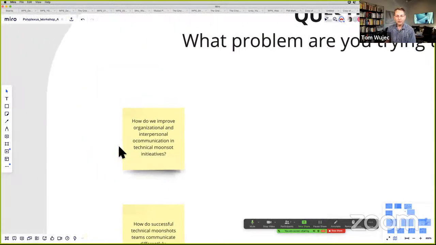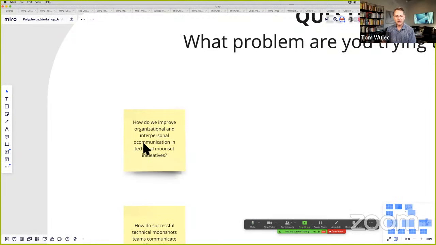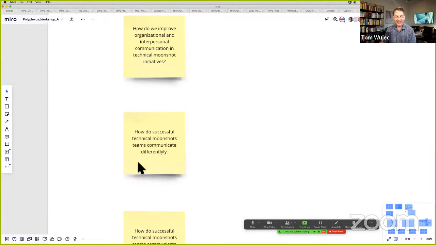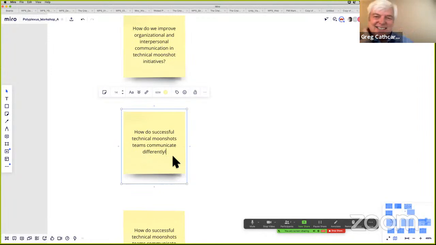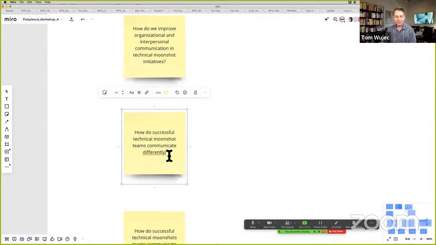How do we improve organizational and interpersonal communication in technical moonshot initiatives? How do successful technical moonshots communicate differently? Take the S out of moonshots. Moonshot teams communicate differently?